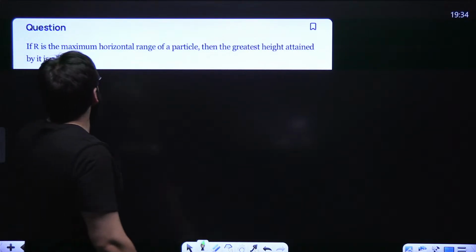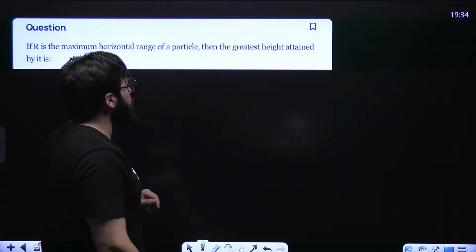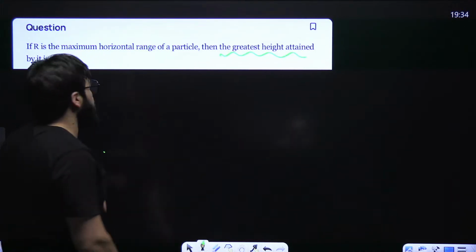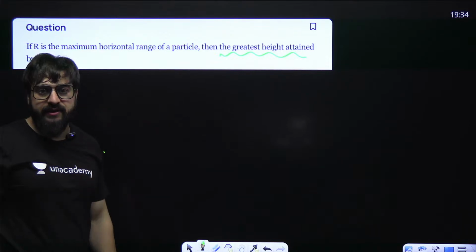Now, if R is the maximum horizontal range of a projectile, then the greatest height attained by it is. We are supposed to find the greatest height, maximum height.